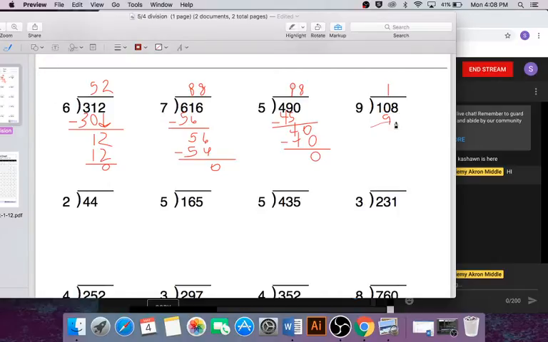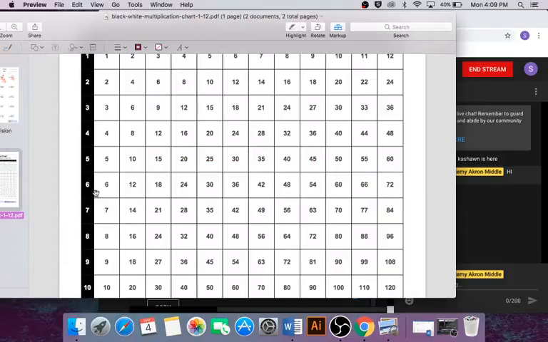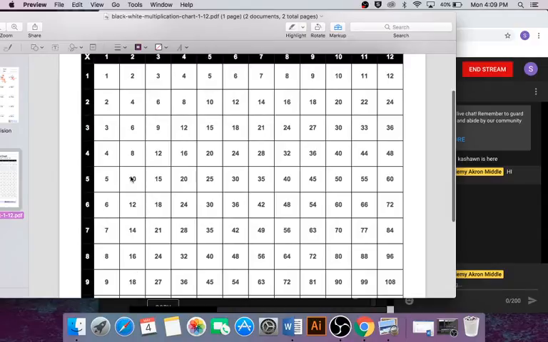And we're going to subtract. So we have 10 minus 9 gives us 1 left over. And then we bring down our 8. So now we need to figure out how many times 9 goes into 18 without going over. So we go back to our 9 times table, and oh, right here, there's 18, because 9 times 2 is 18.